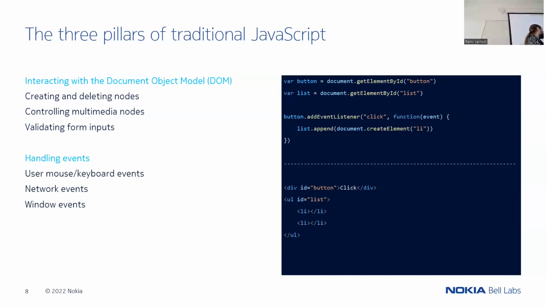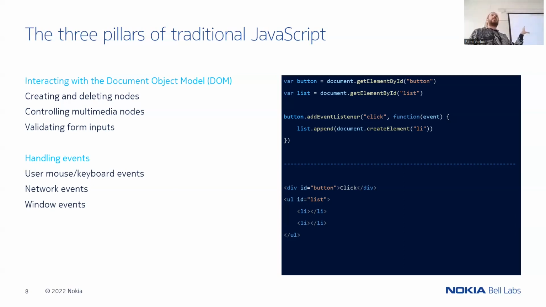So here's typical code for having a button where every time you click, you add an element in a list, empty elements, because trivial code. But basically, you grab your button, you grab your list by ID, and then on the button you add what we call an event listener, which will call a callback function every time we click on the button, which simply appends a new tag.